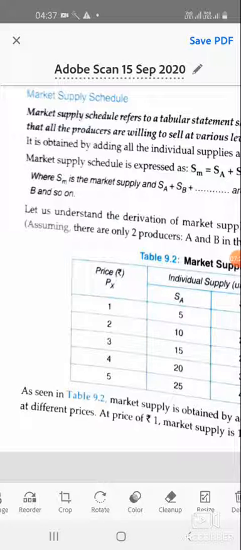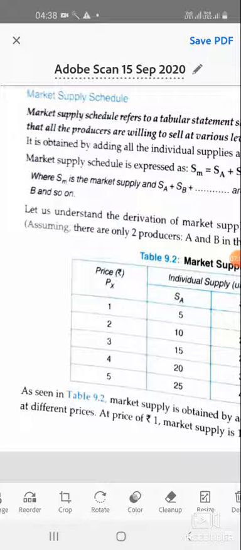Now, the supply curve. If the supply schedule, the numerical data, is represented on a graph, then it is called the supply curve.